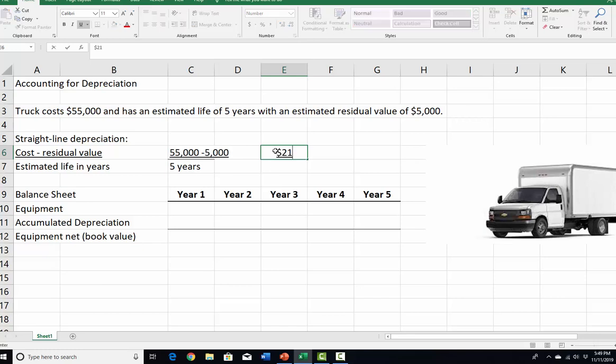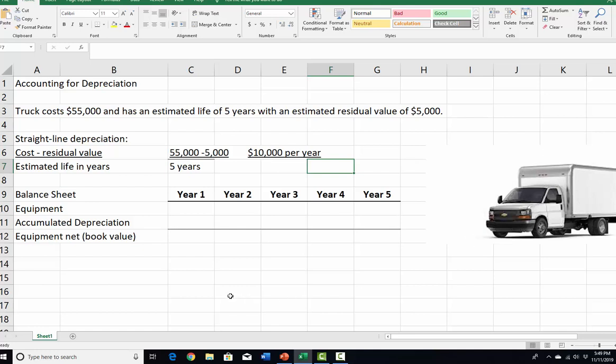That means we're going to depreciate $10,000 per year. Right? That is our annual depreciation. All right, so every year we're going to take $10,000 of the cost of this truck into expense.